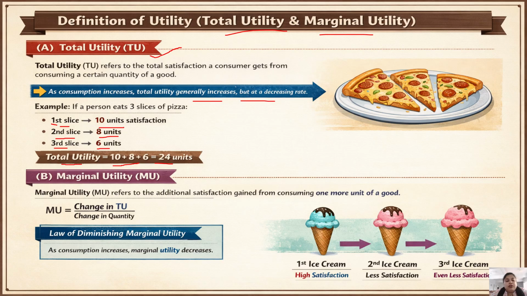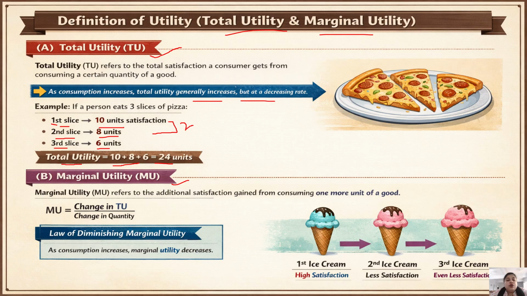When we talk about marginal utility, it's the addition to the total utility. For example, the first slice gives 10 units of satisfaction, and after taking the second slice, the consumer gets only 8 units of satisfaction. Marginal utility is the addition to the total utility, so how much does it decrease? By 2.